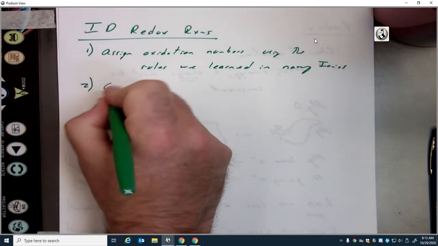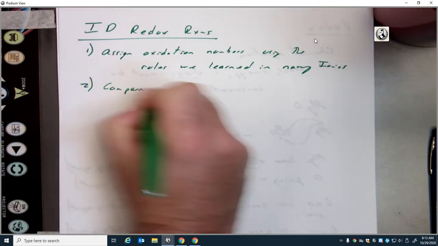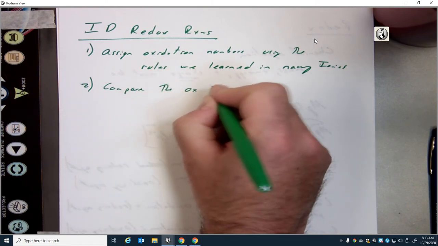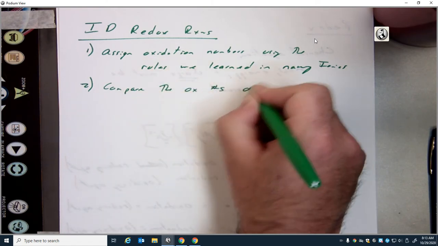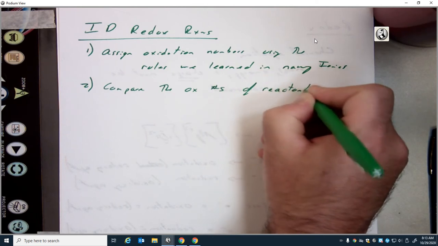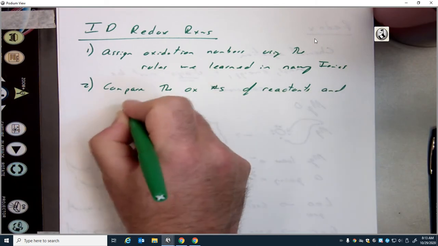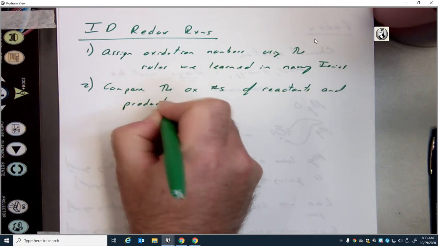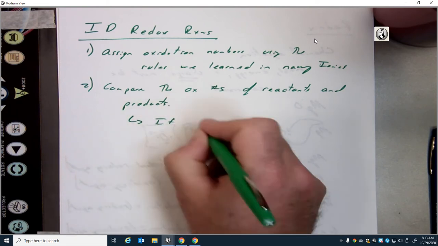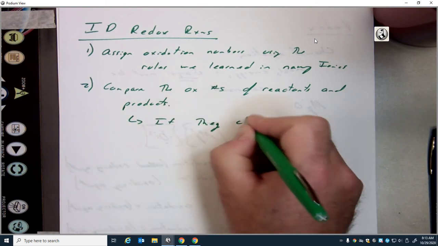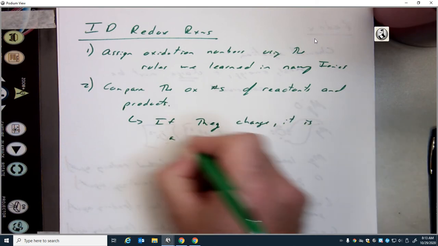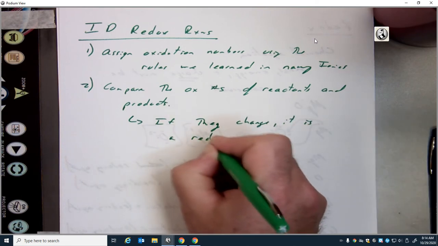Then you're going to compare the oxidation numbers of the reactants and products. If they change, it is a redox reaction.